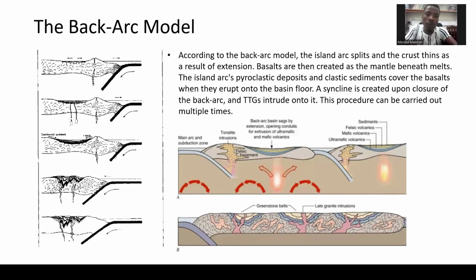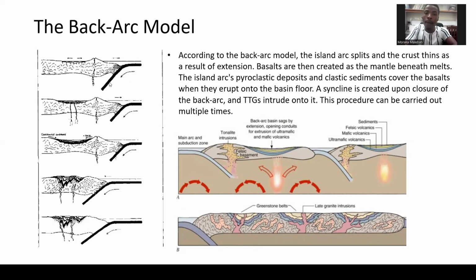So the first model we tackle is the back arc model. If you check here, we have these island arcs. Remember, these island arcs were formed where an oceanic crust was being subducted.